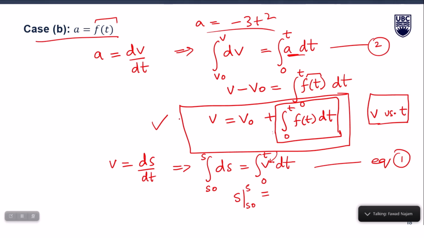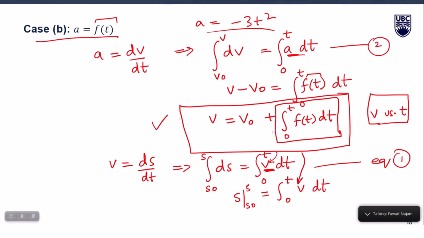You integrate it with respect to time one more time, right? So v should be replaced by this v as a function of time. You introduce that here and evaluate that integral, and you will be getting s as a function of time, right? So it will be, I should write it again, 0 to t v dt, where v will be coming from this whole expression, right? The relationship will simply be introduced here and integrated one more time, right?